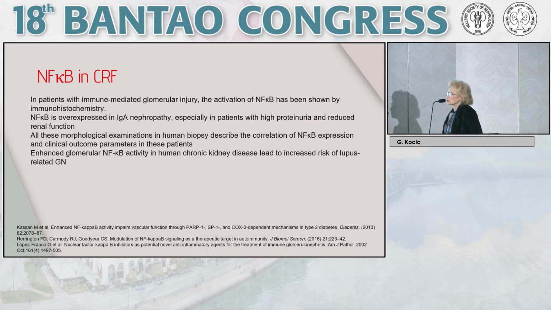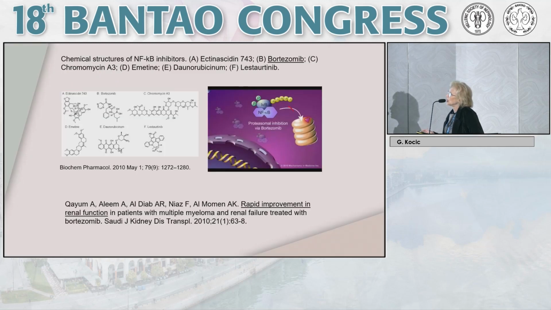Then we can talk a little bit about the results in the literature. We found that immunohistochemical analysis of biopsy materials from patients with IgA nephropathy, lupus nephropathy, and diabetic nephropathy has shown that NF-kappa B is highly expressed.